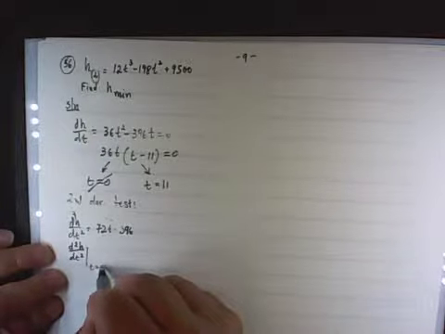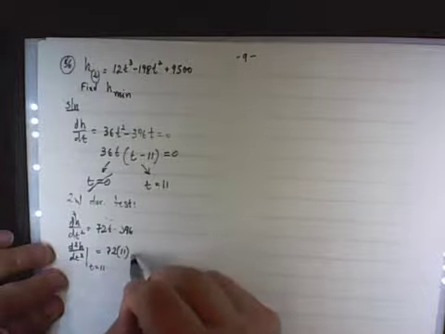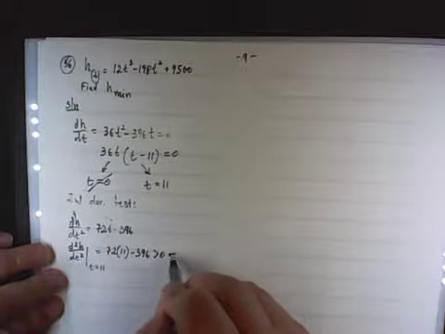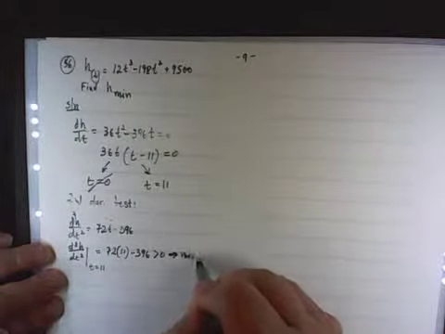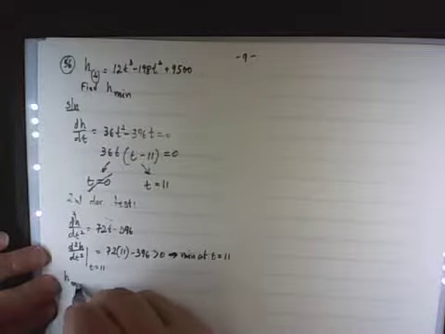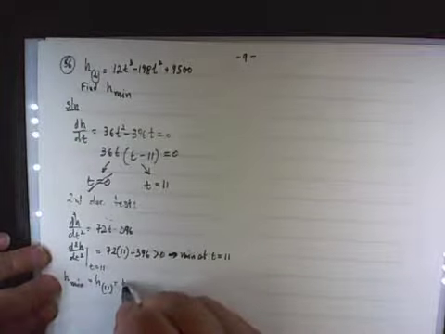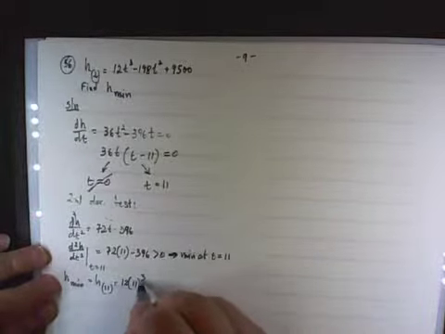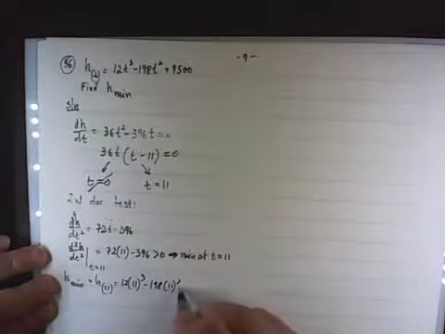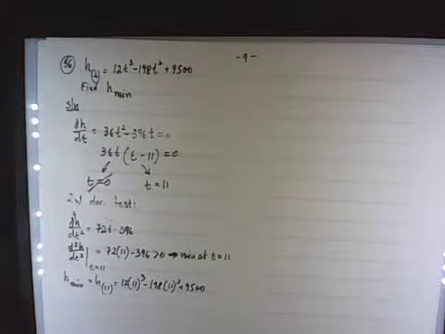When t equals 11 it is 72 times 11 minus 396, and this will be positive, so we have a minimum at t equals 11. And h minimum is equal to h at 11, so it will be 12 times 11 cubed minus 198 times 11 squared plus 9,500, and you calculate it and be happy with the result.